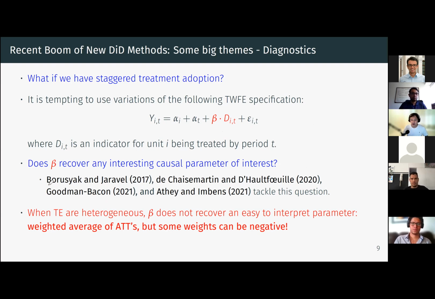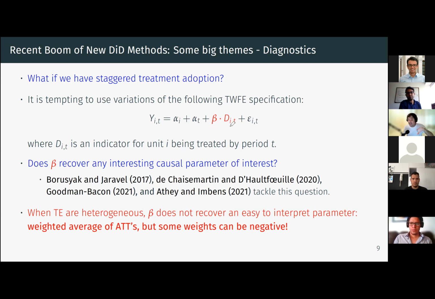So one remark: if you're looking for negative weights, the Bacon decomposition, whether the output in Stata or in R, is never going to give you negative weights, because the Bacon decomposition is writing beta here.